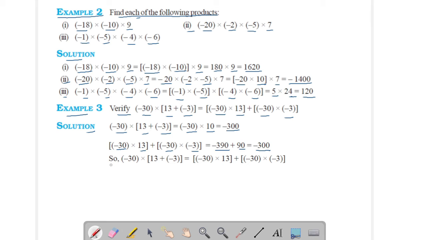So what we conclude, that left hand side is equivalent to right hand side. So we can say that minus 30 into within the big bracket 13 plus minus 3, is equivalent to, within big bracket, minus 30 into 13 plus within the big bracket minus 30 into minus 3.